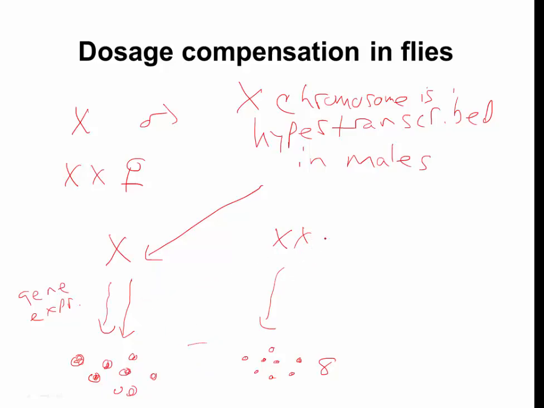In humans and mammals, they get rid of one of the X chromosomes, at least temporarily, and in flies, they double up the amount of transcription. And remember, transcription, DNA to RNA, and eventually we get down to protein, but that's translation. So the way we do this, we just do that more. All right, so that's dosage compensation in flies.